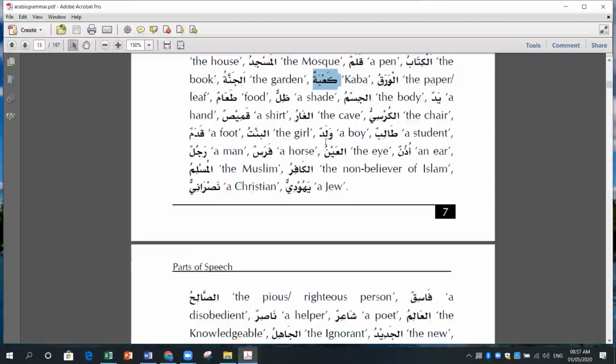Common. But how many Kaabas are there? We have only one Kaaba, so that's a proper noun. So how will we sort it out? You tried to figure it out with tanween, that it's a double movement, double haraka, so it has to be common, as I was telling you. But we found that this is a noun.